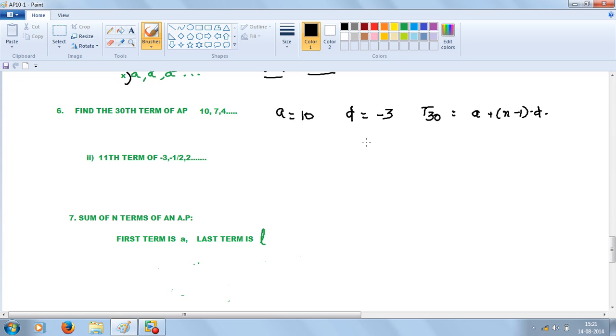So what is A equal to? A is 10, plus n minus 1, which is 30 minus 1, 29, multiplied by D. D is minus 3, which is equal to 3 nines are 27, 2, 3 to 8, 87.